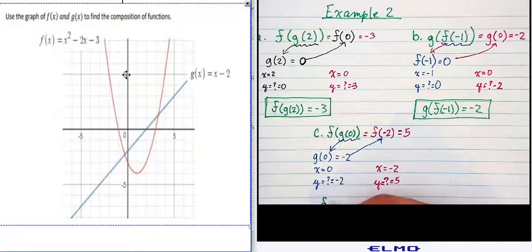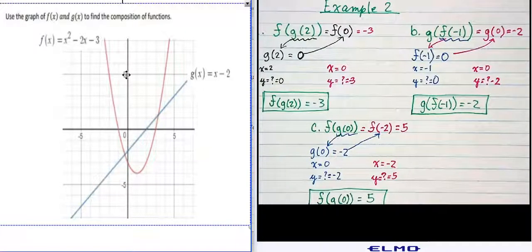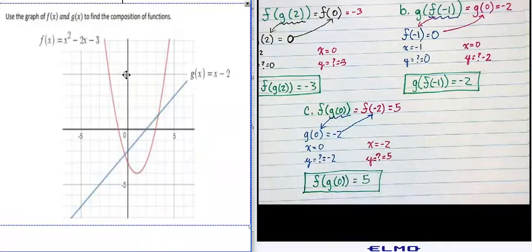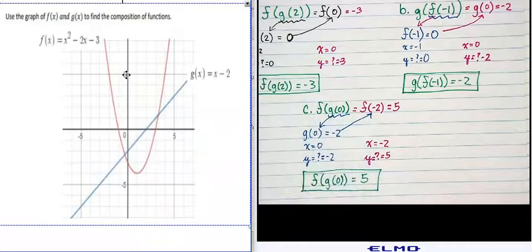So the graph must match up with the function that you're looking for. All right, and there we go. And with this part, again, don't overthink it, but you must focus on whatever graph they're looking for. So if they're looking for the g of x function, make sure you focus on that g of x function. If they're looking for the f of x function, you only focus on that f of x function. They give you the x value, you must find the y.